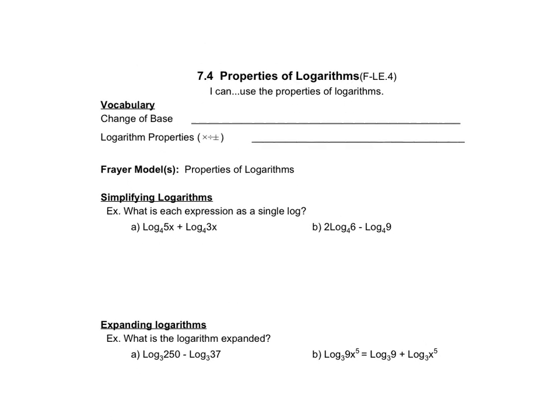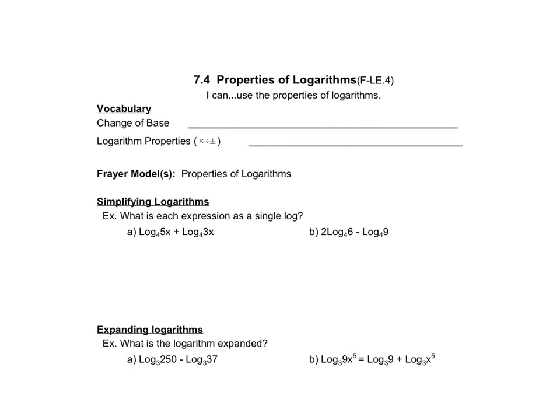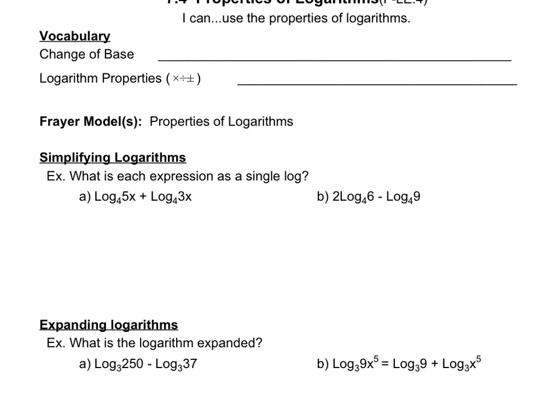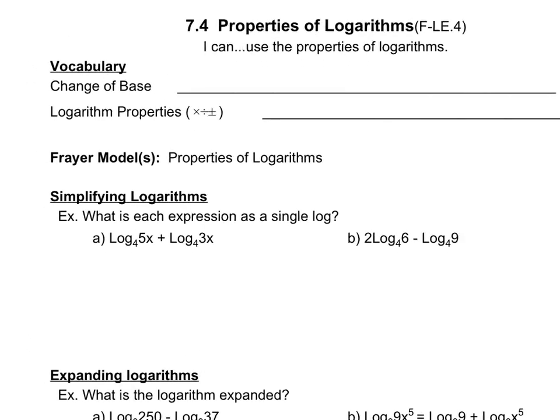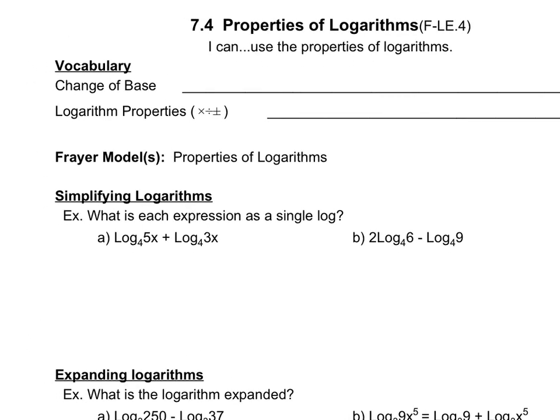So looking at our notes, as we go from expanding our logarithms to bringing them back as a single expression, and that's what they're asking us to do here, a single log or single expression. So we have the addition sign, and we should remember that the addition sign is when I have two logs of the same base being added together.